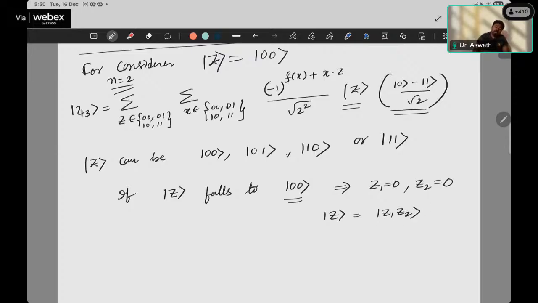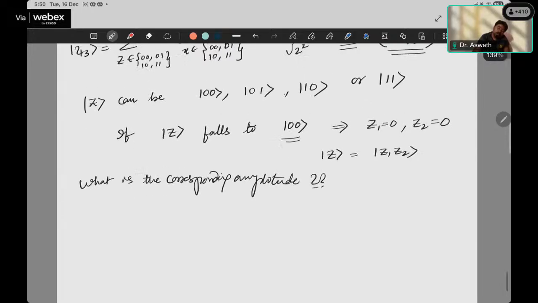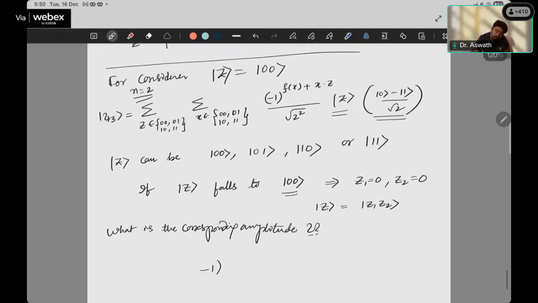In that case, what is the corresponding amplitude? Probability amplitude. What is that? The corresponding amplitude is (-1)^(f(x)) divided by square root of 2 squared. The x·z term is not there because z1 is 0, z2 is 0, which implies x·z is simply 0.